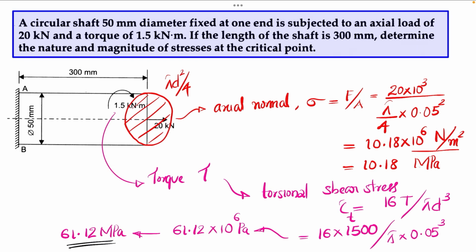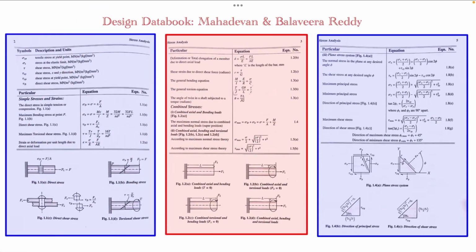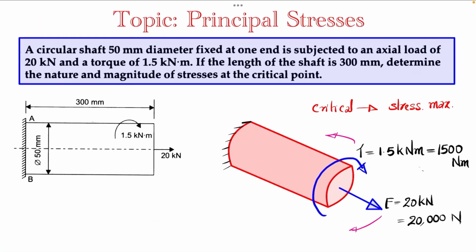So you have evaluated the types of stresses due to these two types of load. One is the axial load, which creates axial normal tensile stress, and the other is torque, due to which torsional shear stress is developed. And we need to identify the critical point. Critical point means where the stress will be maximum.